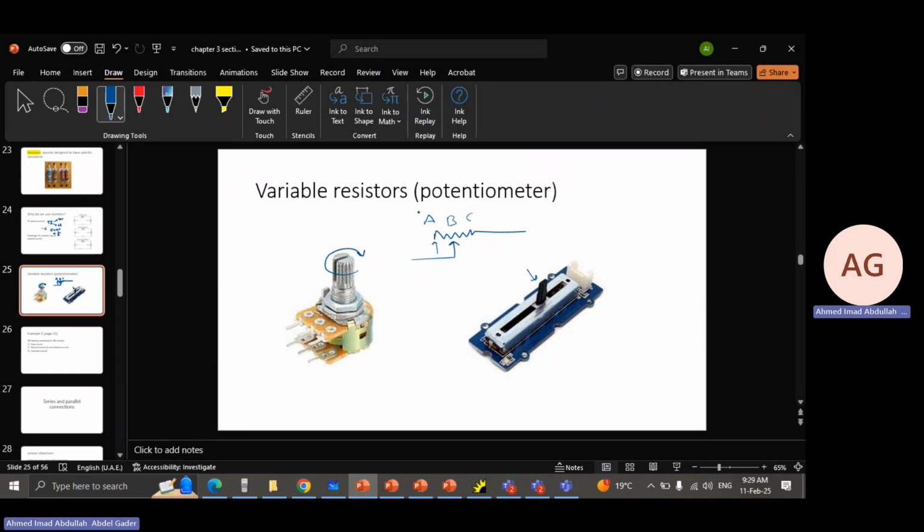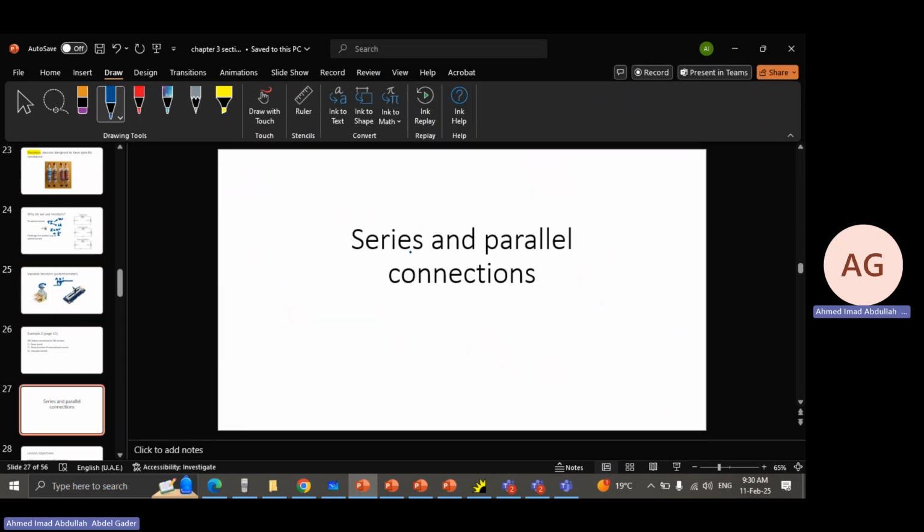So at A, we would have maximum resistance. At B, the current will go through half of the resistive material, and at C, it will go through barely any of the resistive material. So at C, we will have the minimum resistance. At A, we'll have the maximum resistance.